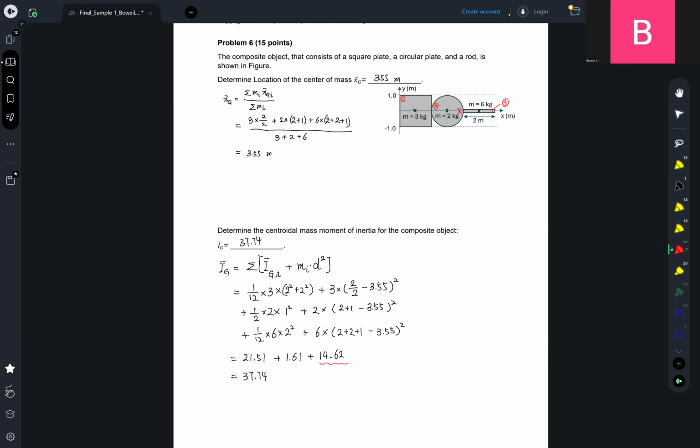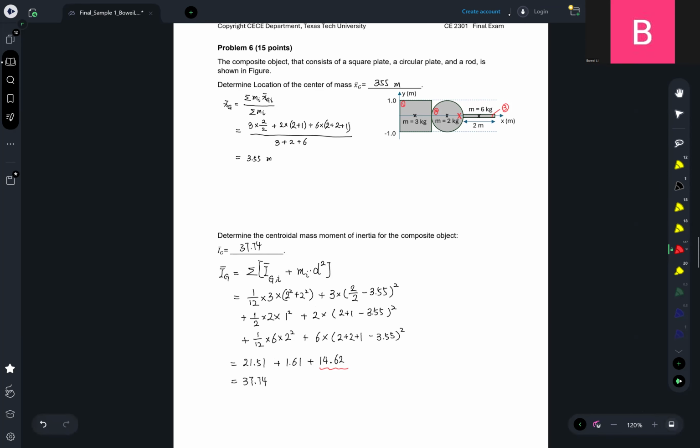When it comes to the evaluation of the mass moment of inertia of the composite object, again we use the parallel axis theorem, but now the version for mass moment of inertia. Please note that here it is the mass of each part.